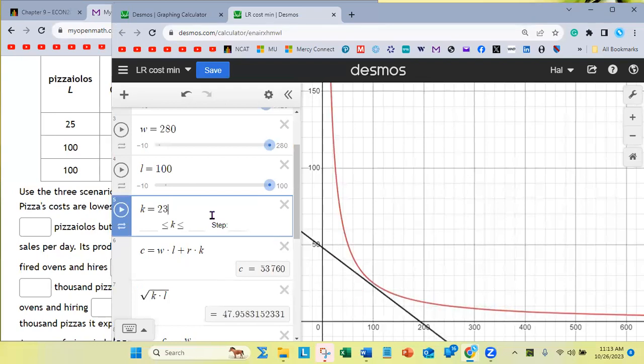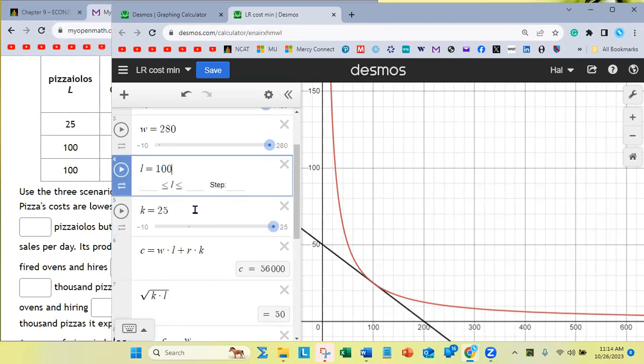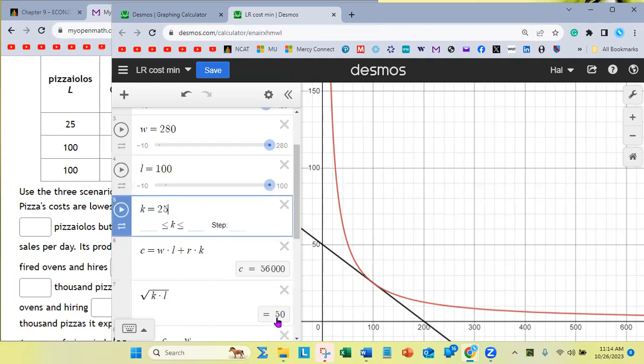If I keep adding pizza ovens, I'm getting closer and closer to the 50,000 I need to make a day to meet our demand. If we get to 25, now we can meet our demand. So if we have 100 laborers and 25 pizza ovens, we can make our 50,000 pizzas per day at a cost of $56,000.